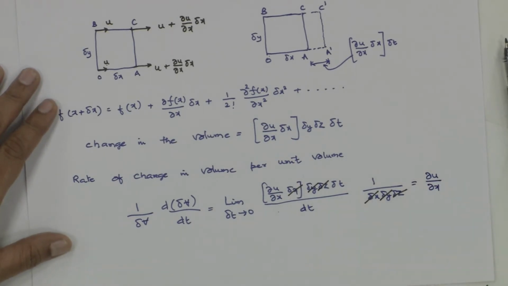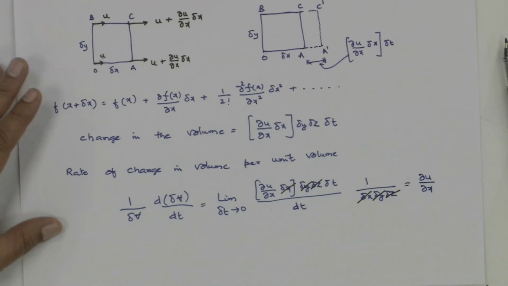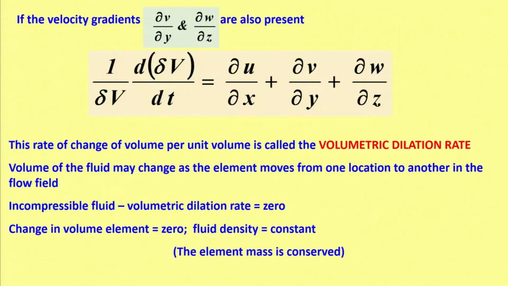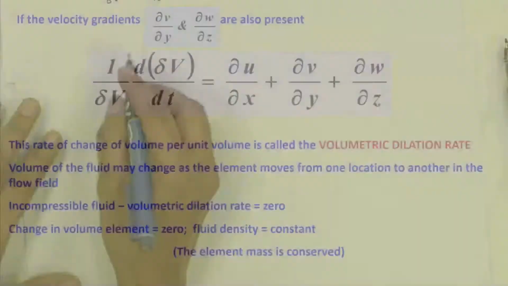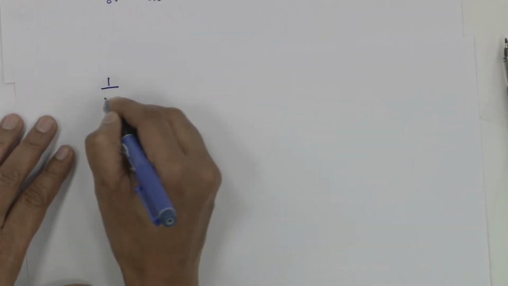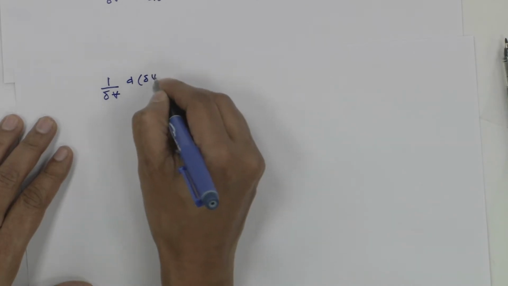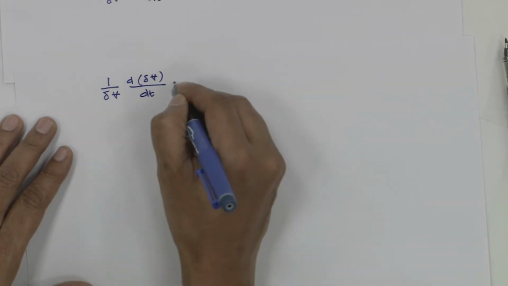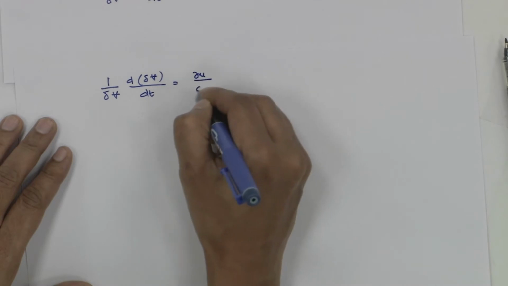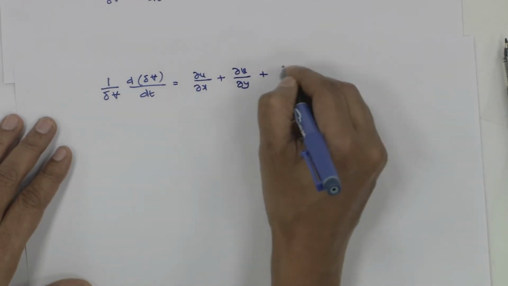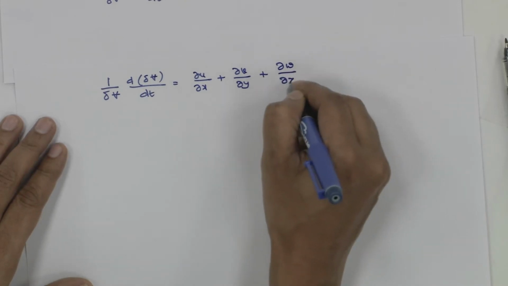So, if there is stretching in the y direction also, let us say y and z direction, what will happen? 1 by delta V, d of delta V by dt equal to del u by del x plus del v by del y plus del w by del z. That means what?